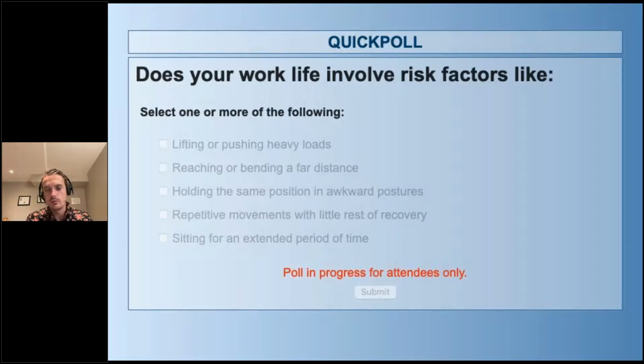We have just over half of you who have responded so far. I'll give you all a last minute chance. The poll has 5 answer choices. I'll close this poll in 3, 2, 1.